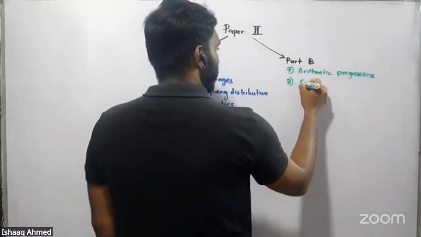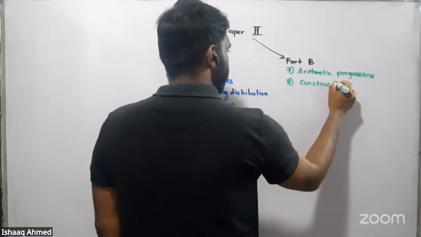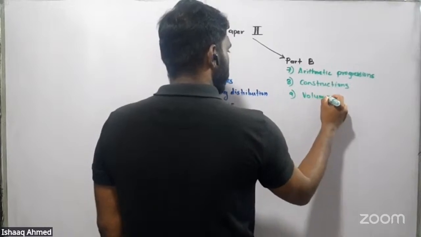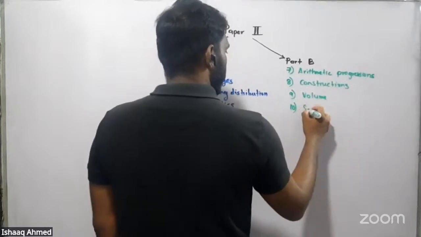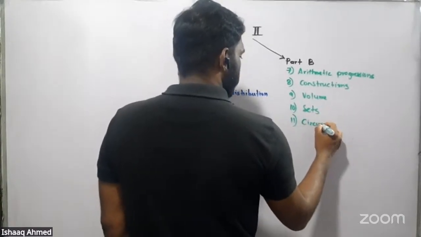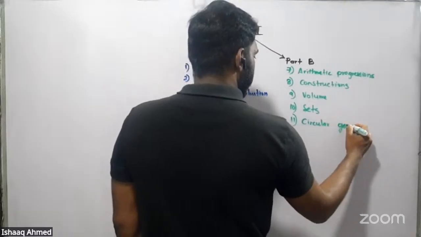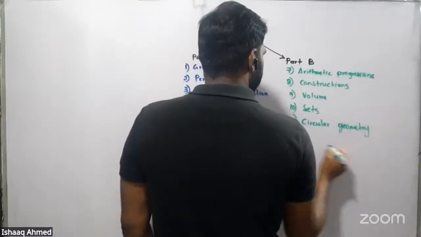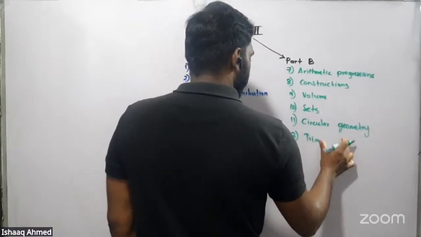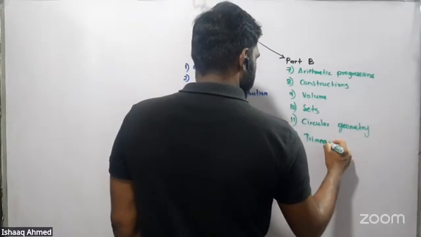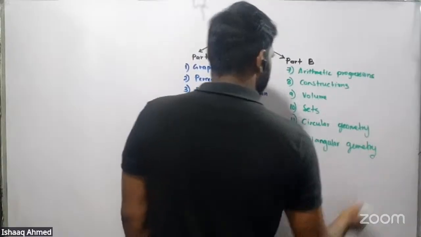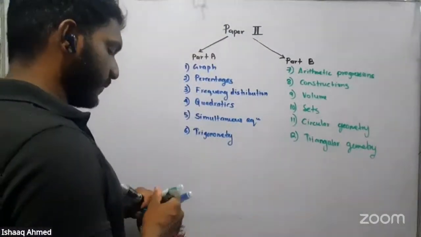And we have constructions, volume, sets, and two geometry questions, circular geometry and triangular geometry. These are the 12 questions.